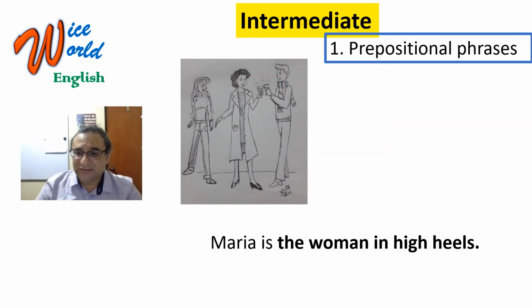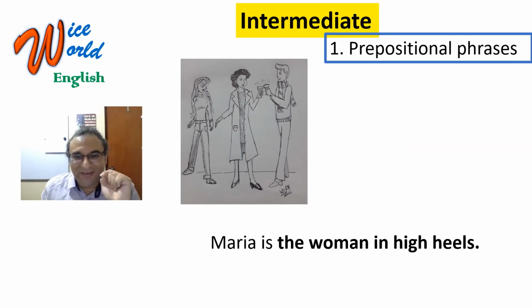You can use adjectives to be more specific and give more information about Maria. If you look at the drawing, you will see that Maria is tall or short. Look at the photo. She's tall, right? So we can put tall in the clause and be more specific.